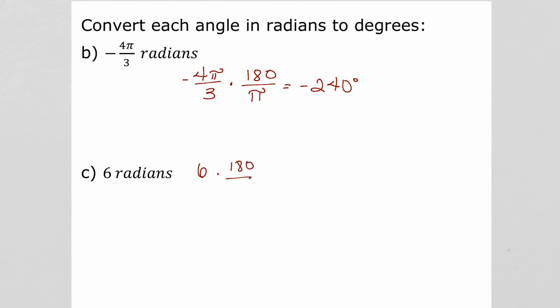Multiply by 180 divided by pi. That's the same thing as 1080 divided by pi, if we wanted to leave it in exact terms. Or if we want to change it to decimal, just put that in your calculator. We get 343.77 degrees approximately.